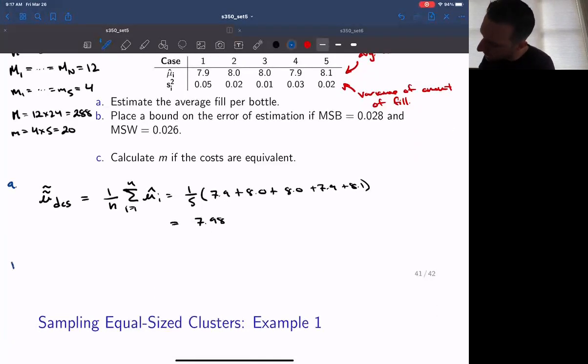Right, in part B, we want to place a bound on the error of estimation if the mean square between is 0.028 and the mean squared within is 0.026.